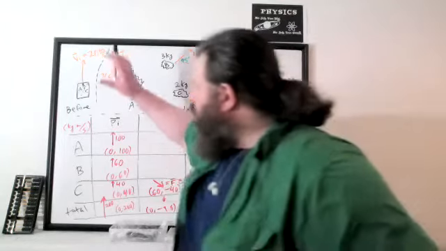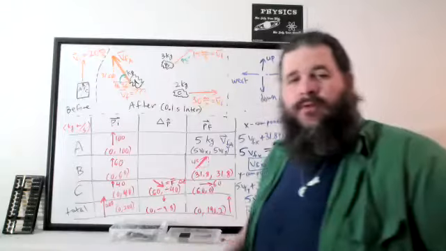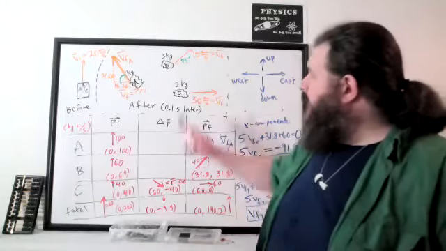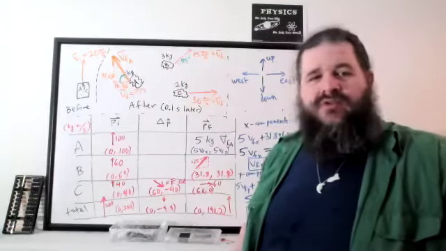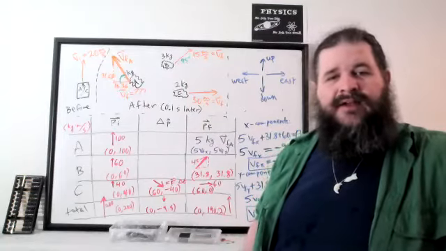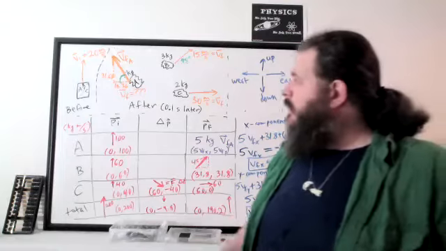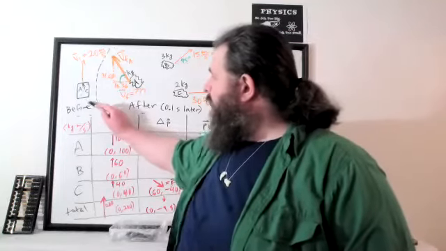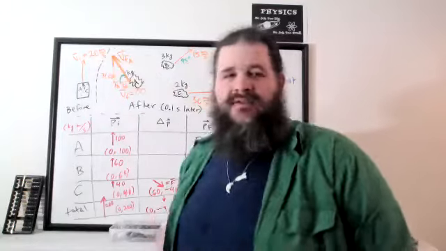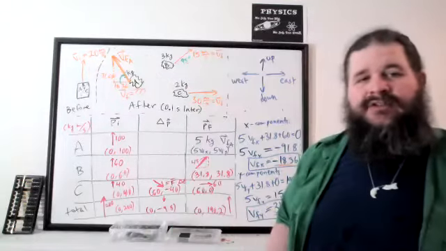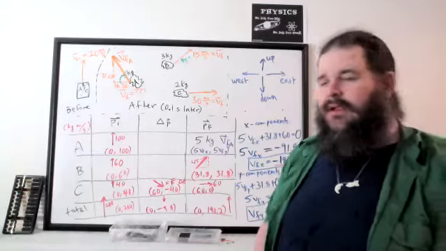You take a look at the total kinetic energy of the whole system before the interaction and the total kinetic energy of the whole system after. And you could use the usual formula, kinetic energy equals 1/2 times mass times velocity squared. So at the beginning, you take 1/2 times the mass, 10 kilograms, times the velocity, 20 meters per second, squared, to find the initial kinetic energy of the whole system.